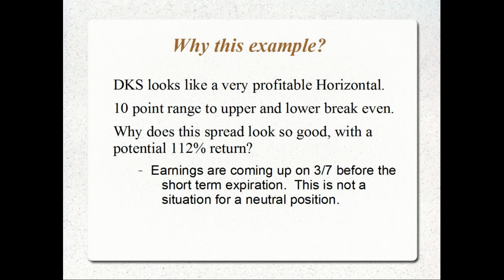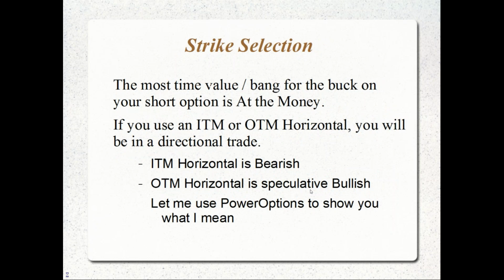Okay, we might make a profit of 112%, but that's if and only if the stock's trading right at the short-term strike price. When it moves up and down, we start to lose profit. And again, if it goes to the wide side one way or the other, which could happen because we have earnings coming out, that is not a position that I would enter strategically, okay?